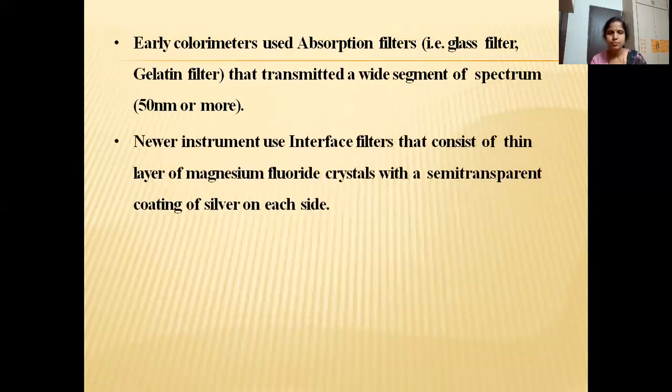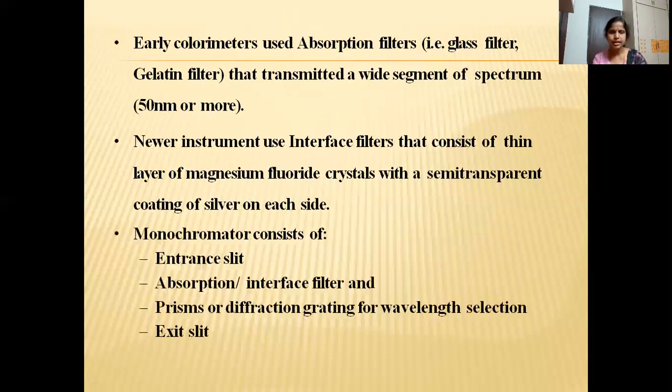Whereas the latest instruments use interference filters, where the width is very small compared to absorption filters. And the monochromator consists of an entrance slit, an absorption or interference filter, prisms or diffraction gratings for wavelength selection, and an exit slit. So it is a combination of all these four.